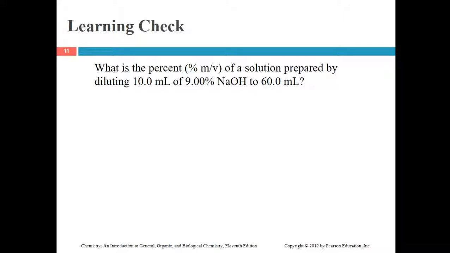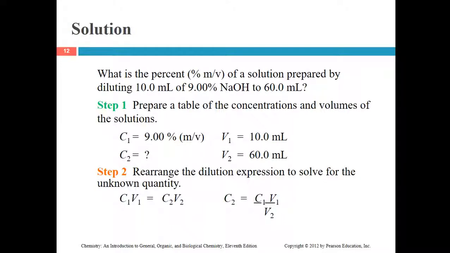What is the percent of a solution prepared by diluting 10 milliliters of 9% sodium hydroxide to 60 milliliters? Press pause, see if you can solve this. All right, when we come back, again, we know what formula to use because we read the term dilution or diluting. So we know it's some version of C1V1 equals C2V2 or M1V1 equals M2V2, same concept.